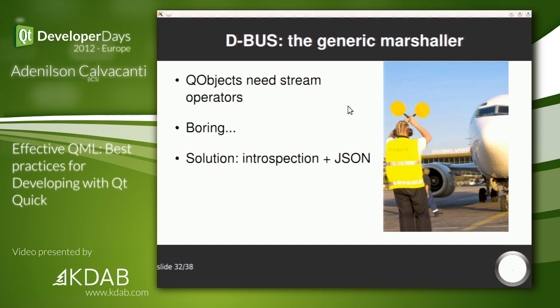You can use the QObject meta introspection to retrieve the properties, and just put that inside of the string as a JSON object. So you have code that is capable of marshalling any type of data, provided that it is a QObject, so I can inspect the attributes.